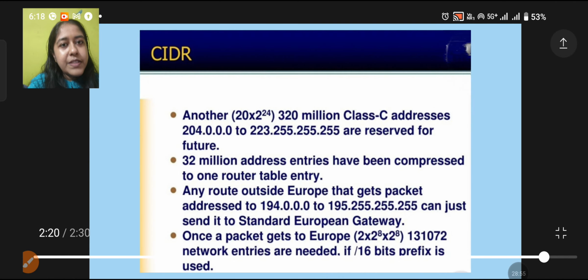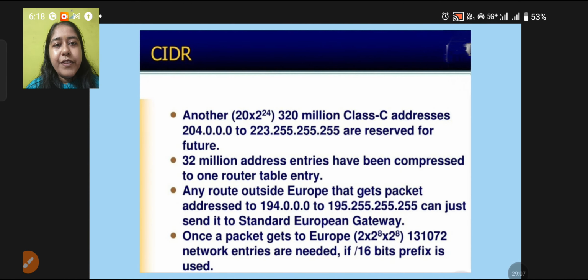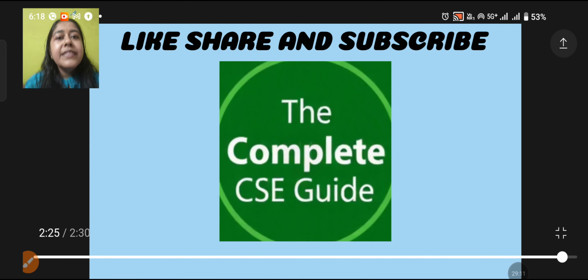So once the packet gets into Europe, these network entries are needed. This prefix, that is /16, this subnet mask, is used for Europe, right? So this is the particular thing about your different subnets.